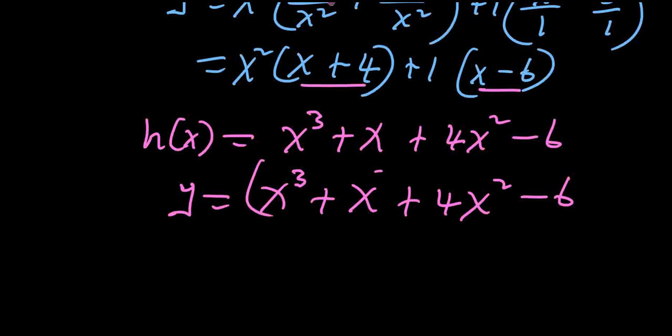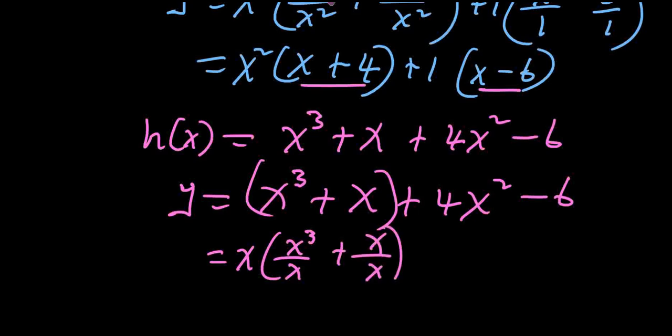Group them and find the GCF. The GCF of x cubed and x is x, and the GCF of 4x squared and negative 6 is 2.